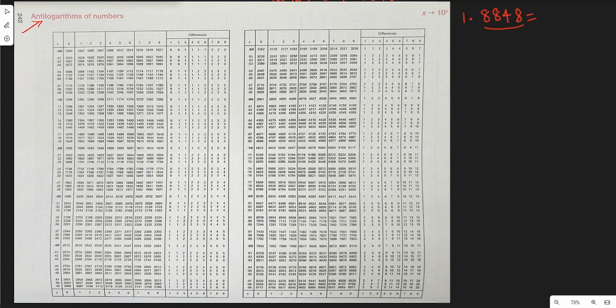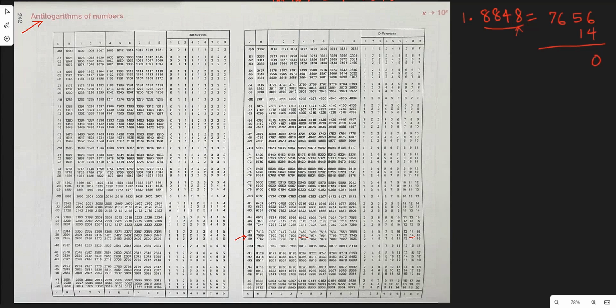Here is .88. I found it here, under 4, and I find it here. I have 7656, and I have a difference here. So I look for .88 under the difference of 8, which is 14, and I add it to this number.